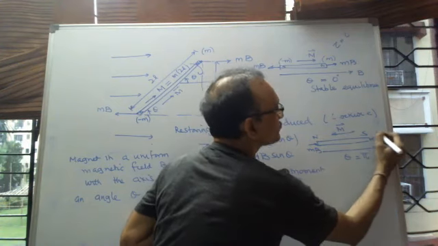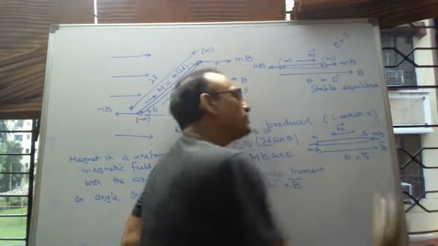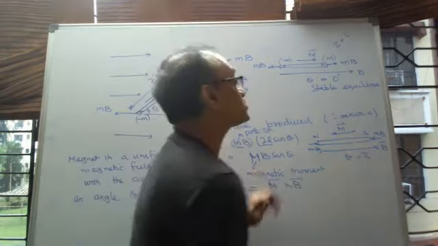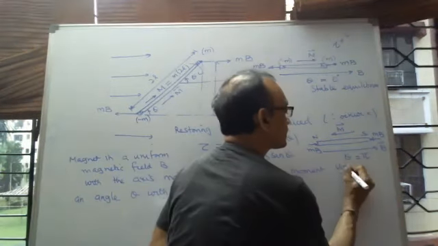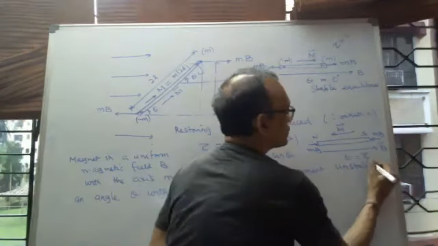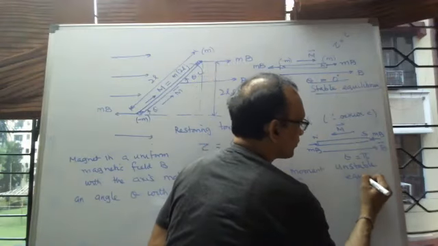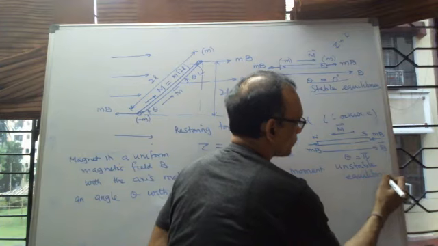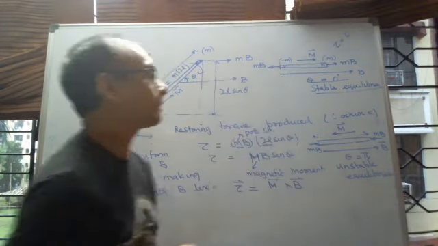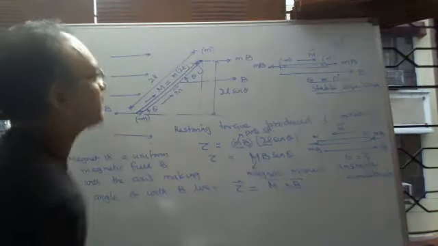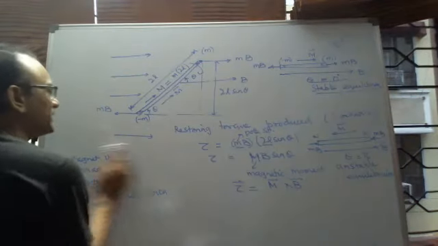This will experience a force opposite to the magnetic field. यहाँ पे भी equilibrium है, but this equilibrium, check for yourself, is unstable equilibrium. Theta equal to pi में unstable equilibrium आ जाएगा. Theta equal to 0 में stable equilibrium आएगा. Got me?